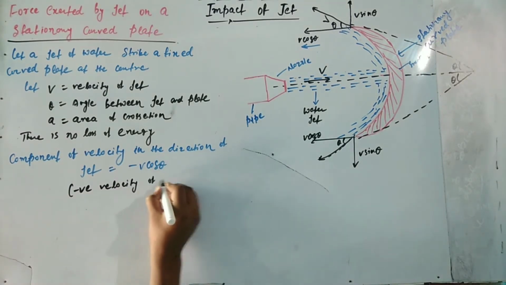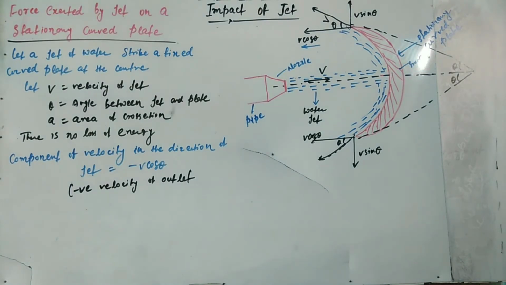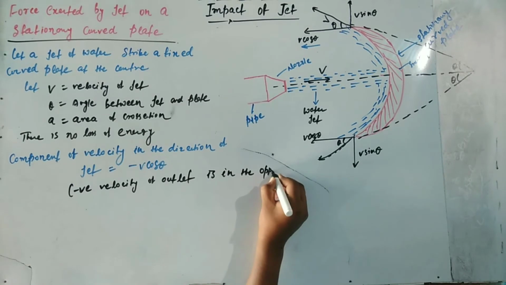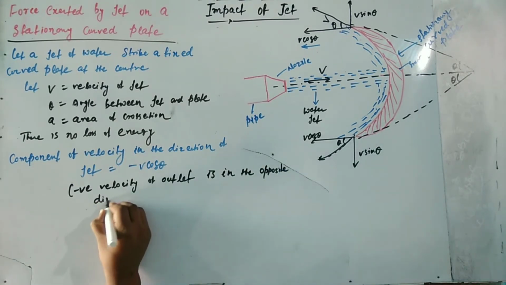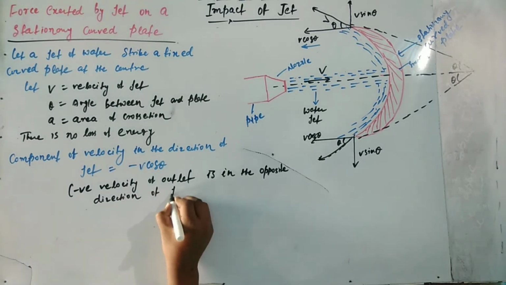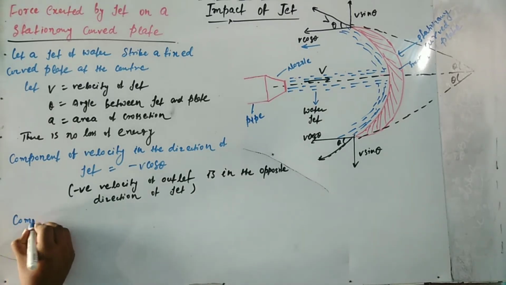The minus sign means the velocity of outlet is in the opposite direction of the jet of water.